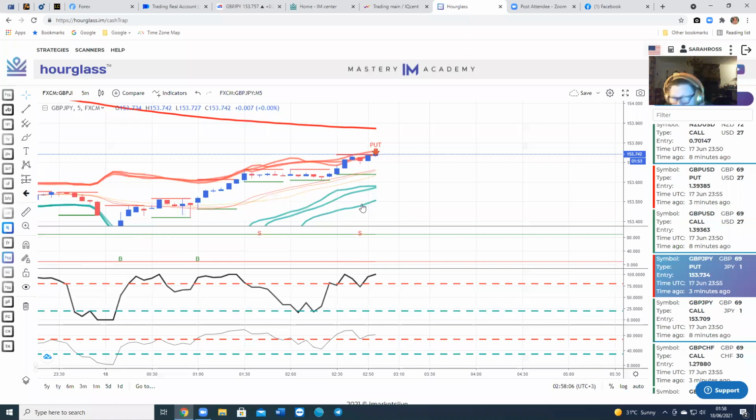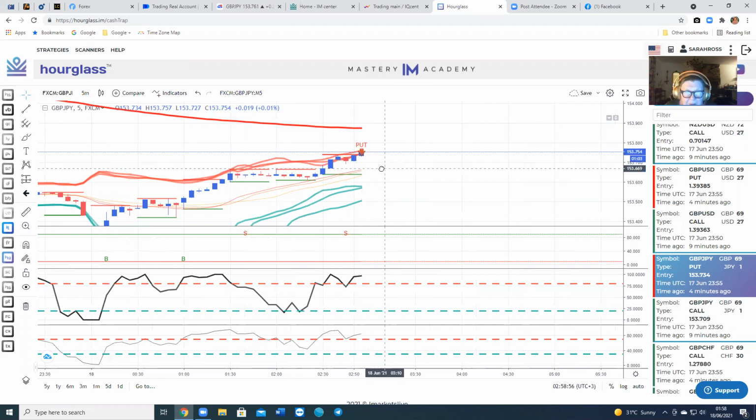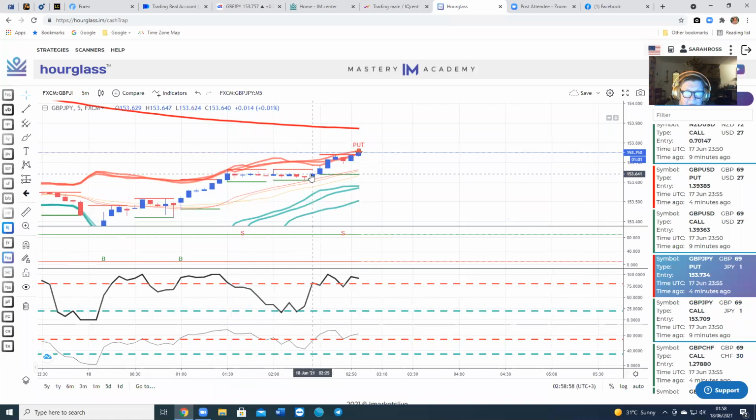And HourGlass, I presume, will give us a put, but I don't want it because of the algorithm, because it's bumping up against the Bollinger Bands. But I really am not going to take a put myself. You see all that stall out, and then the pound sterling has started to go up.